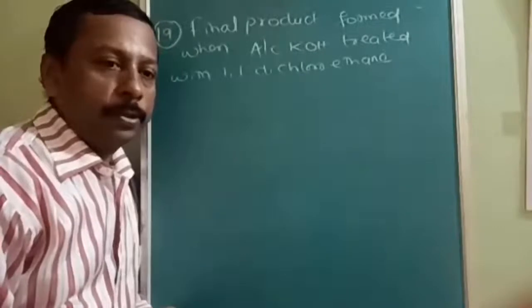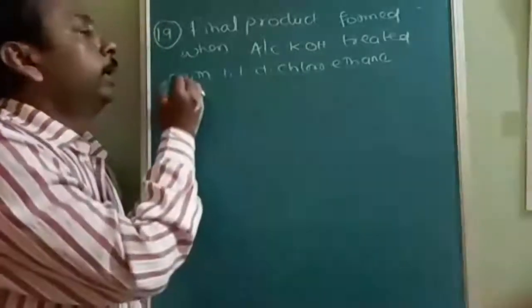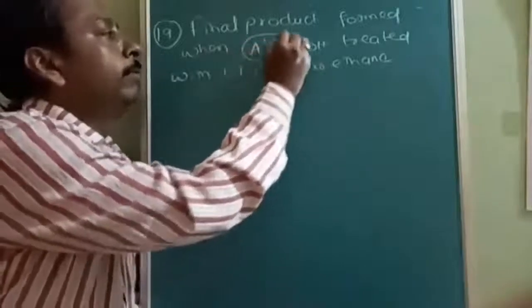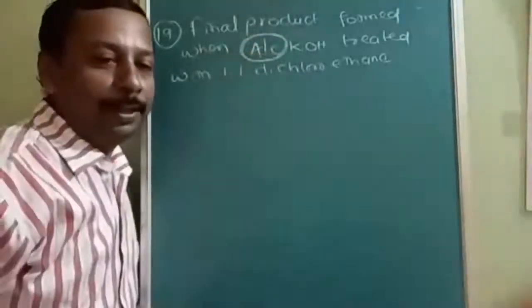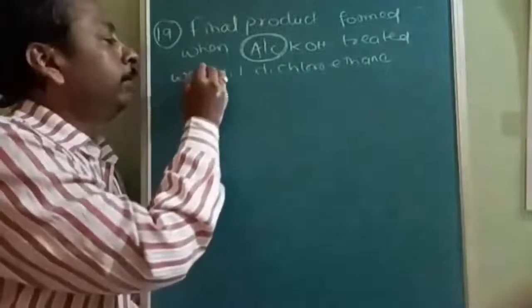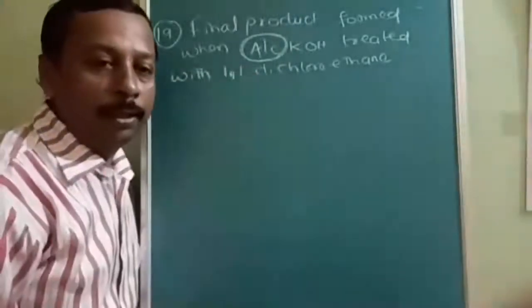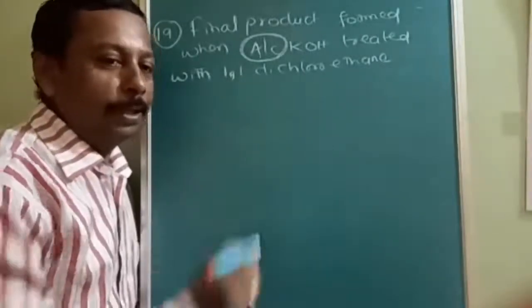Okay, the simplest question from organic: final product formed when alcoholic KOH is used. This is very dangerous. Alcoholic, I am not talking about drinking alcohol, I am talking with respect to reaction mechanism.